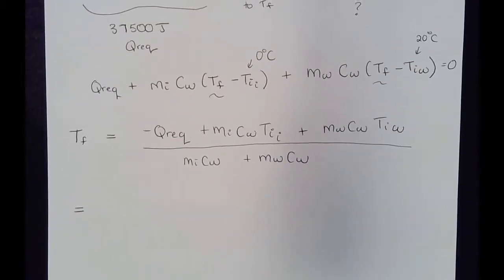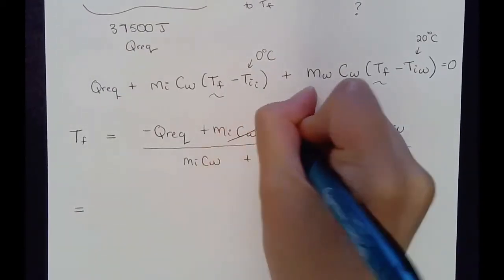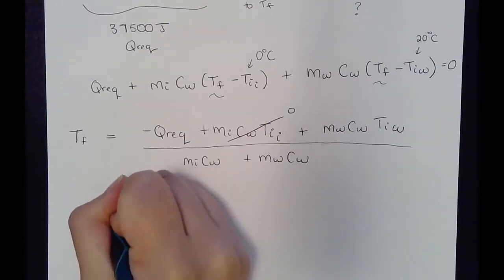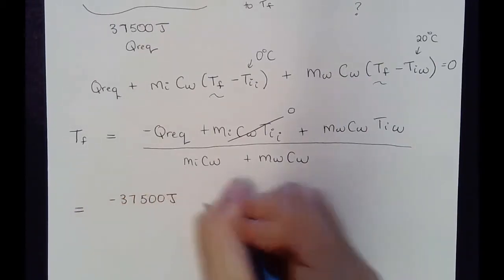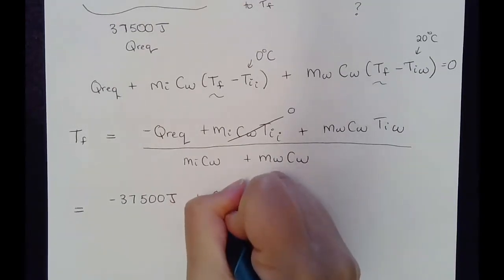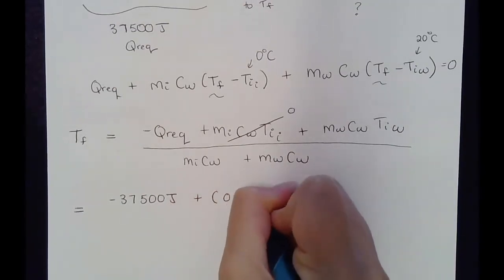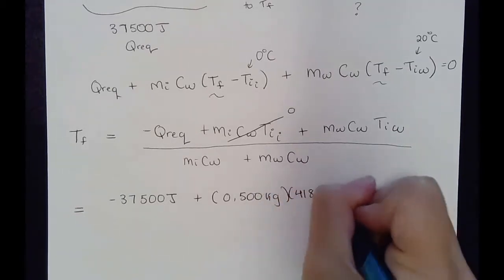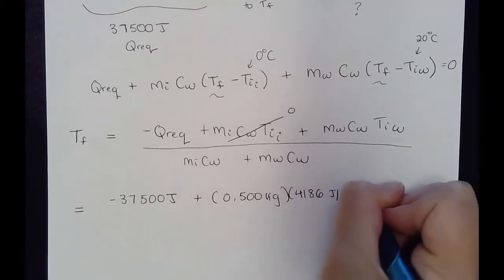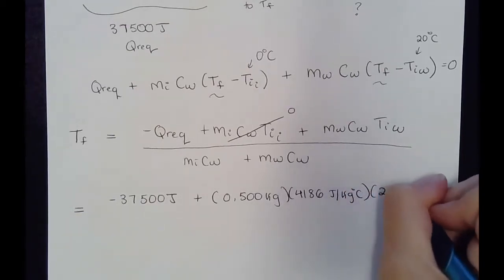So let's notice that T initial for ice is 0, so that whole term will be 0. So we'll have negative 37,500 joules plus the mass of water was 0.5 kilograms, seawater, 4,186 joules per kilogram degrees Celsius times 20 degrees.